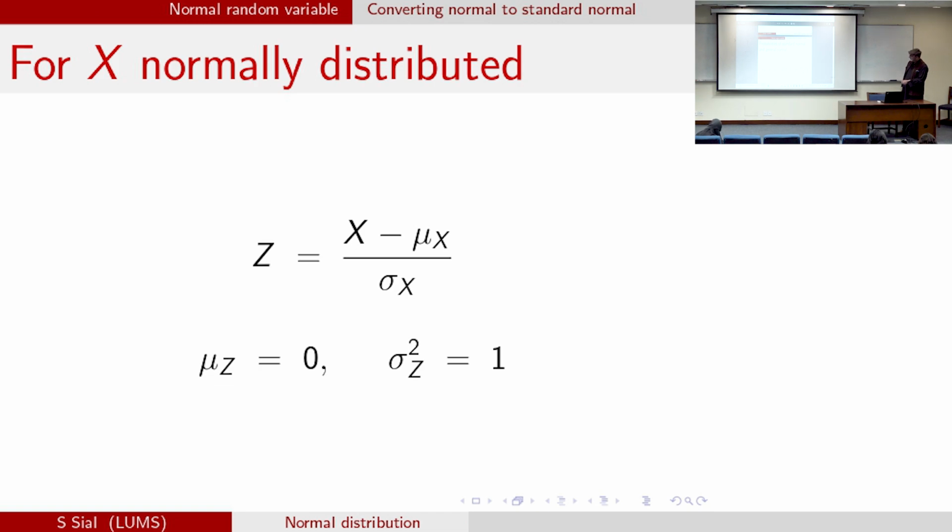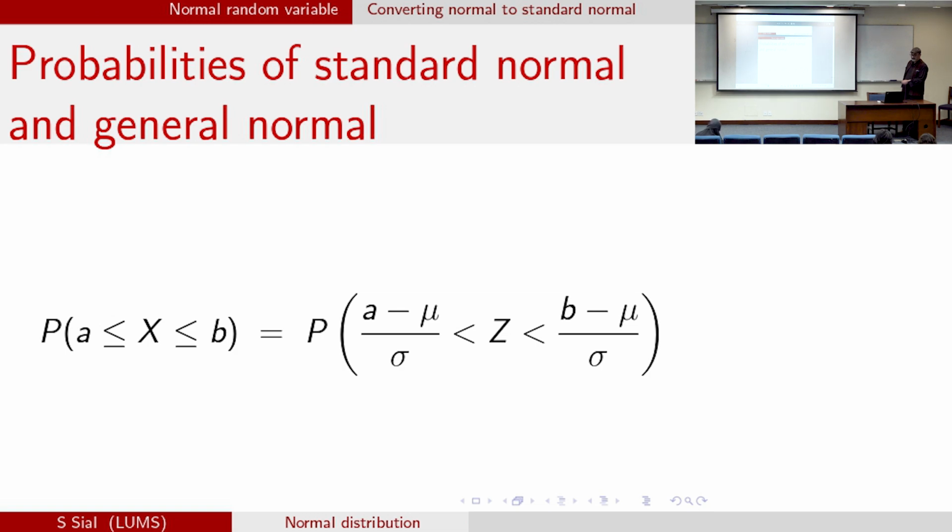So the probability that the random variable x lies between a and b is the same as the probability that the standard normal, for which you do have information and tables and software and so on, lies between a minus mu over sigma and b minus mu over sigma, where mu is the mean for x and sigma is the standard deviation for x.